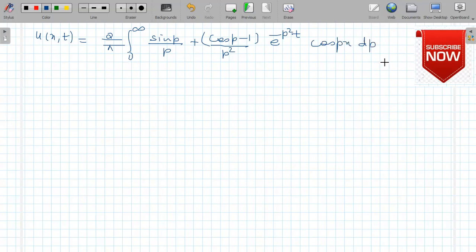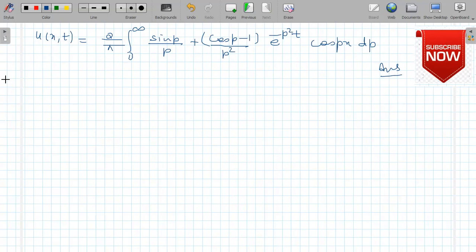We leave it here. This is the answer because it can't be solved further. It is very difficult to solve it. So we generally leave at this point after taking the inverse transform.